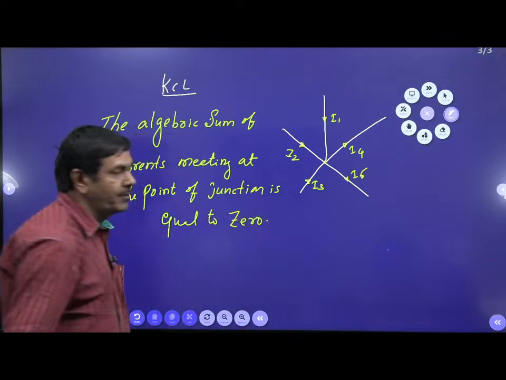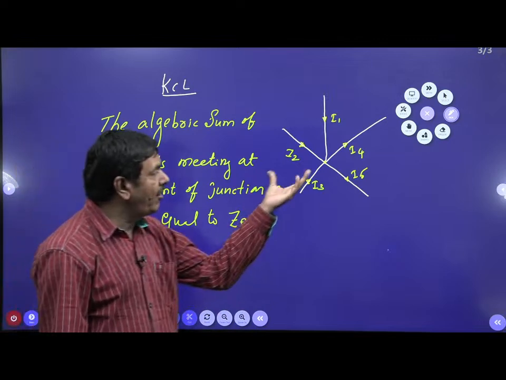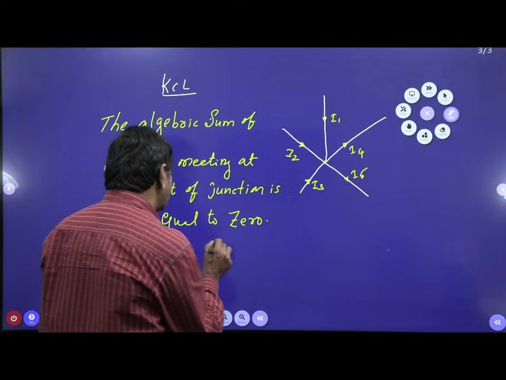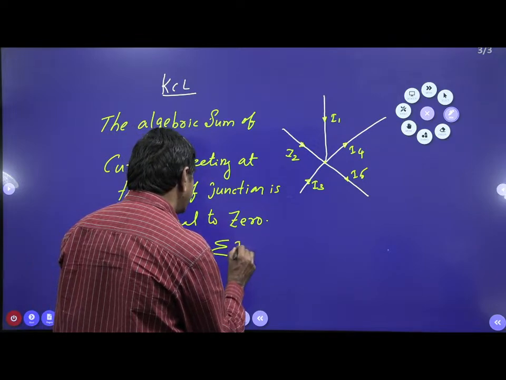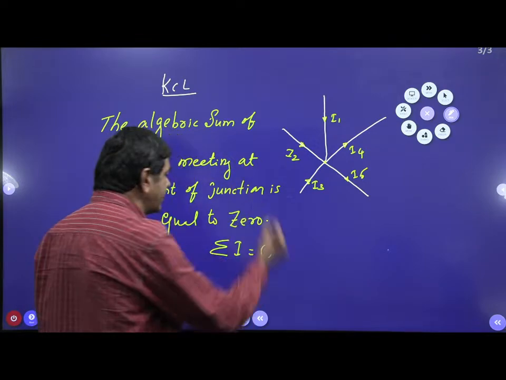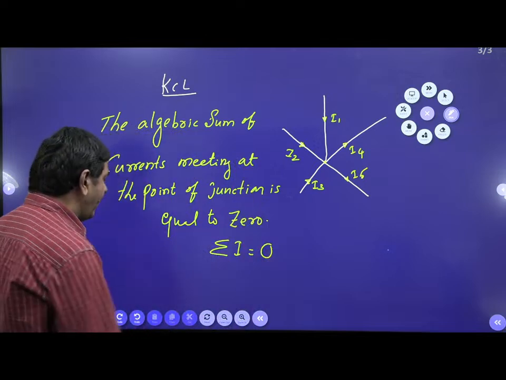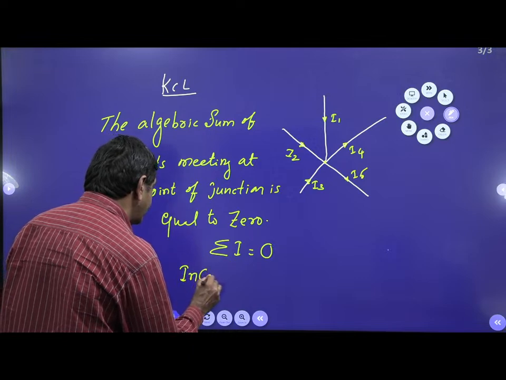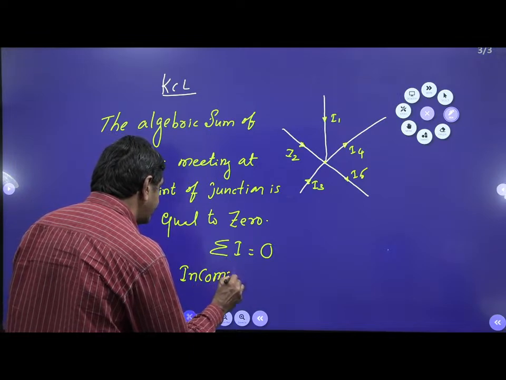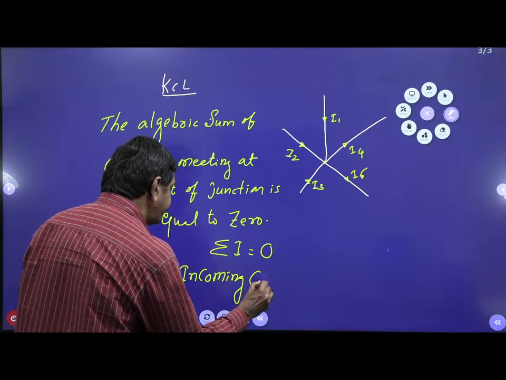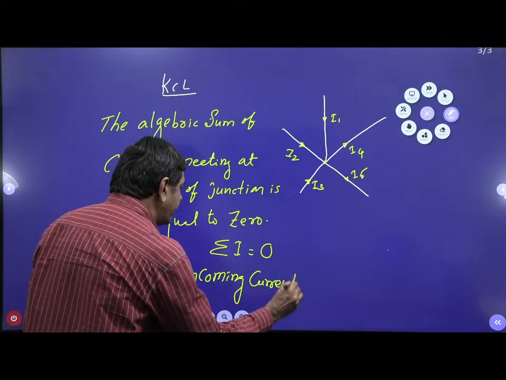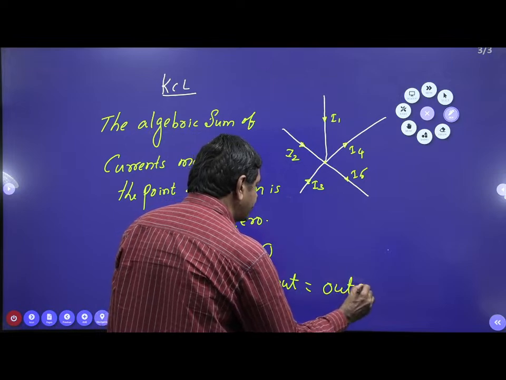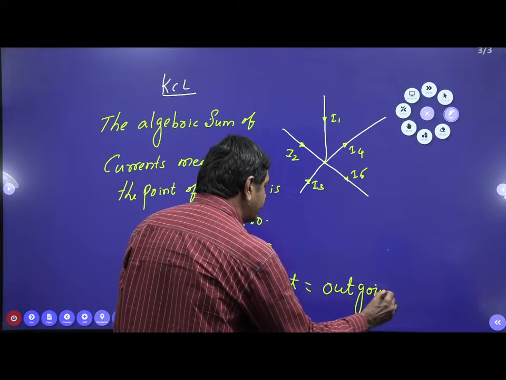That point is very important. That means the summation of all the currents becomes 0. Sigma I equals 0, I can write directly. Summation of all the currents equals 0. Or we can say incoming current equals outgoing current. That point is very, very important.